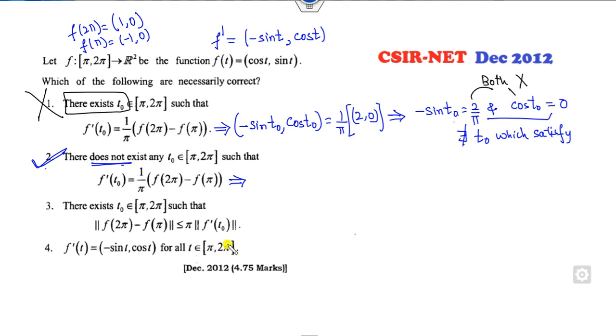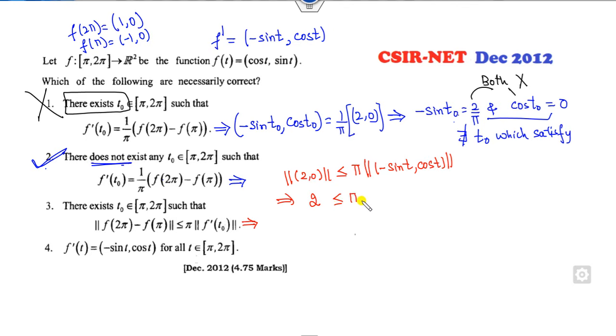This is the wrong option. There exists t naught such that of this. I can start from here. What is the F? If you subtract them, it will be 2 comma 0. Norm of 2 comma 0 is less than or equal to pi times the norm of minus sine and cos of this. So what is the norm of this? I can say it's 2.